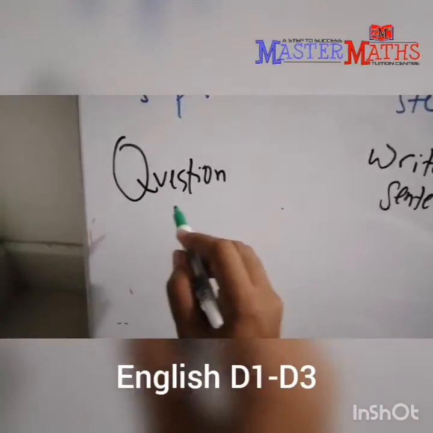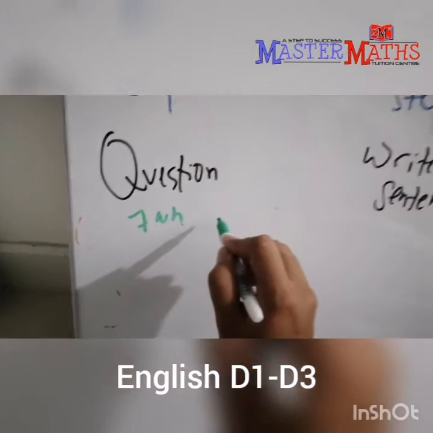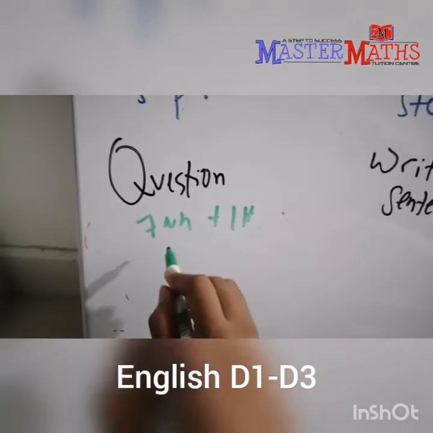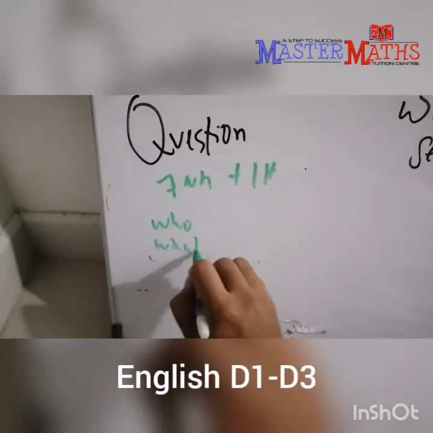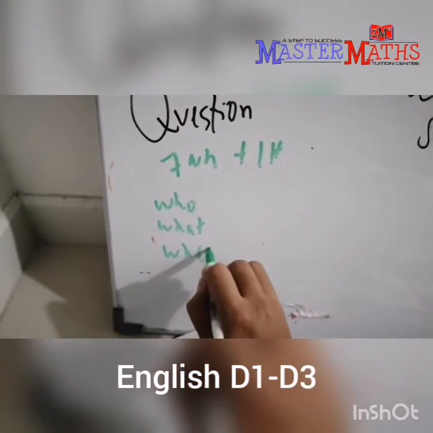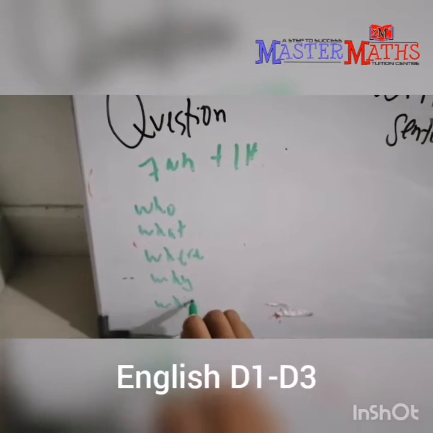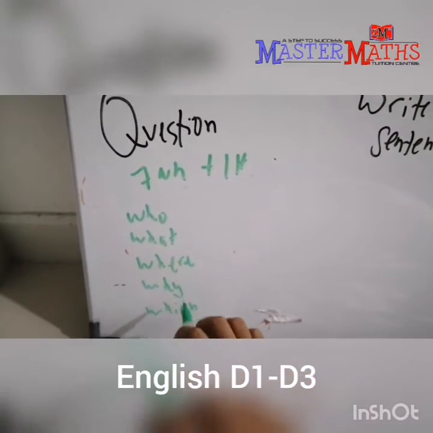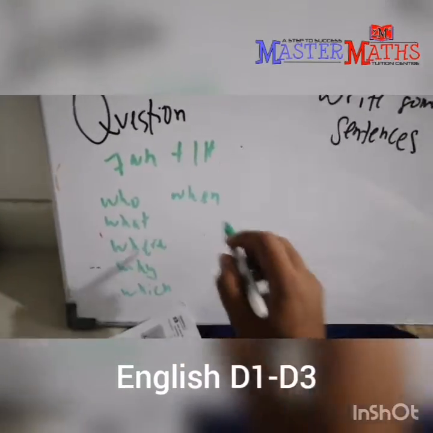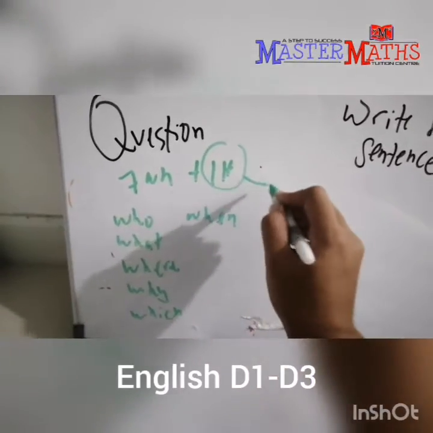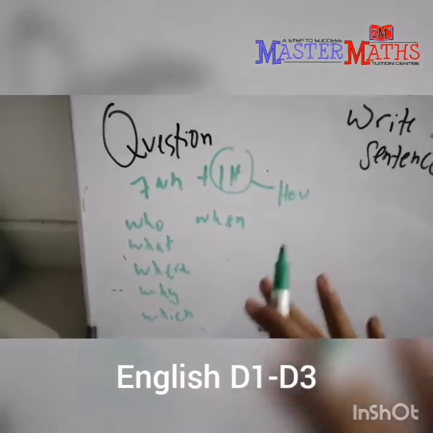As we have learned, we have 7 WH questions plus 1 H. The 7 are who, what, where, why, which, and the last one is when. For the 1 H, it is how. So awak kena pakai question ni untuk apa?